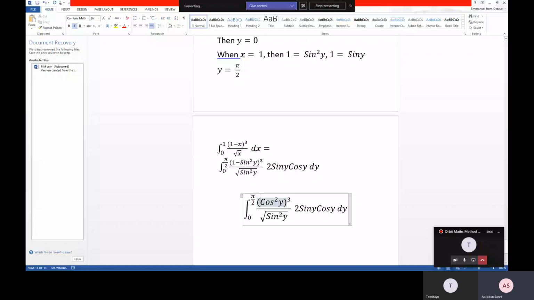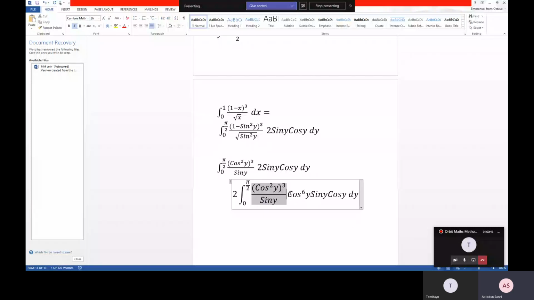Now, cos squared y raised to power 3. This power is just multiplying each other. That will be cos raised to power 6y. So let me copy this. This becomes cos raised to power 6y. Then don't forget sin y has cancelled sin y. So I have cos to power 6y times cos y dy.